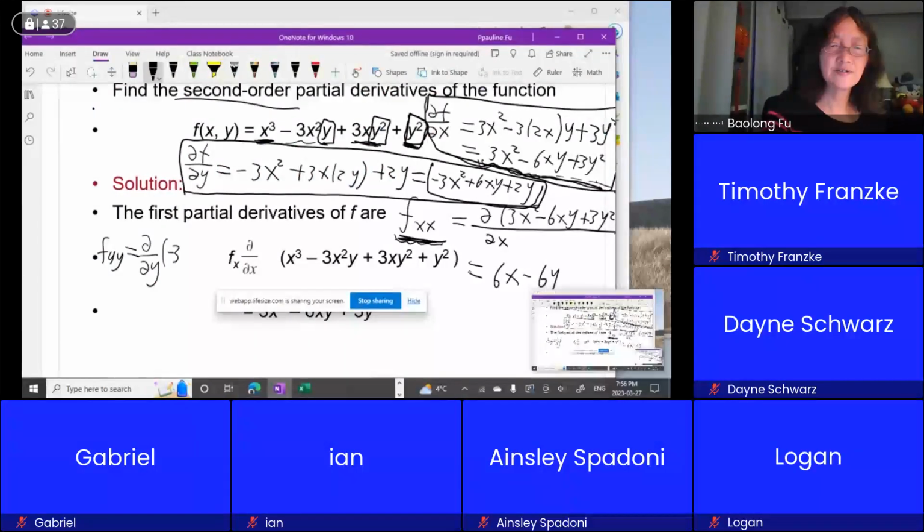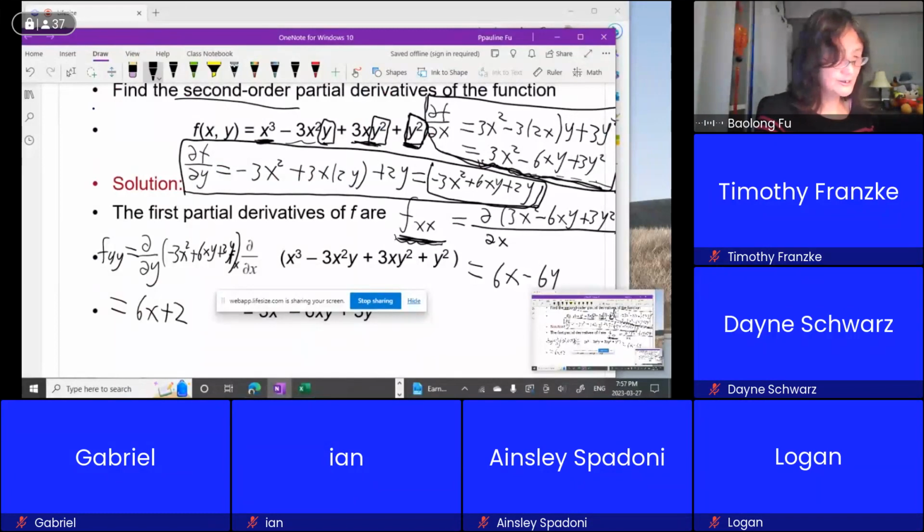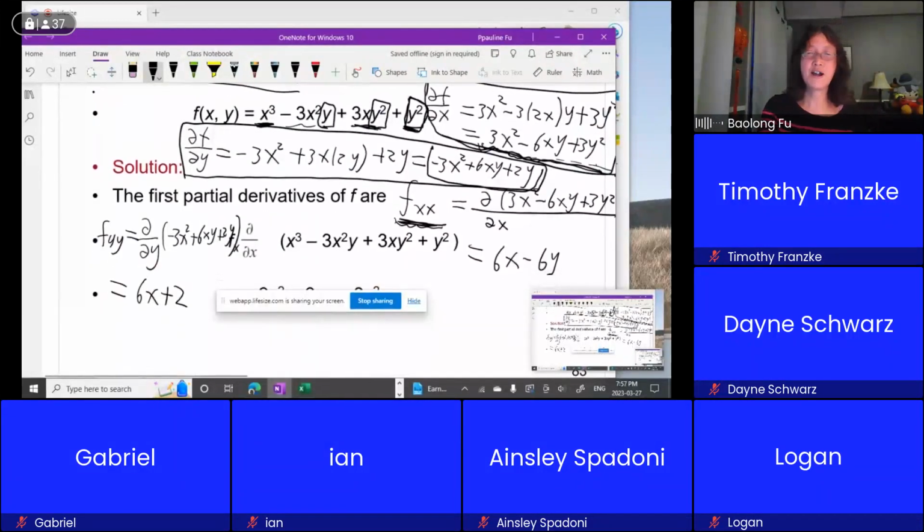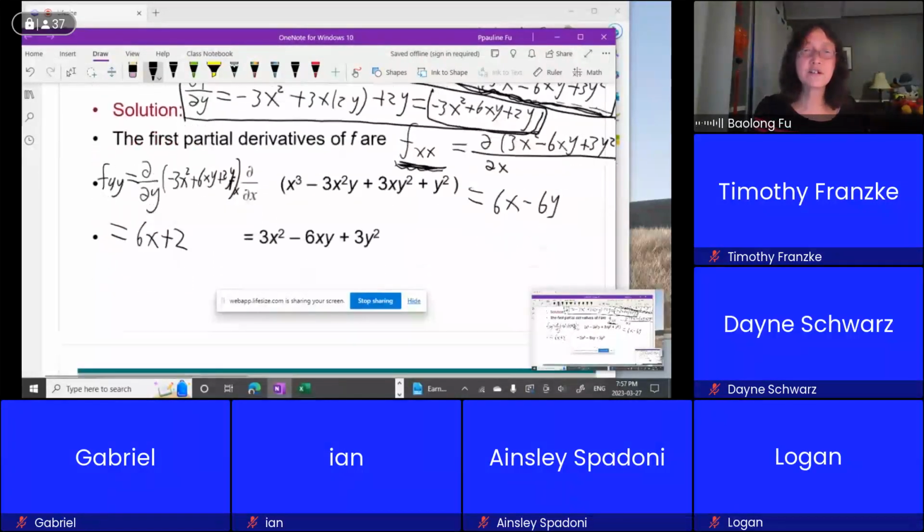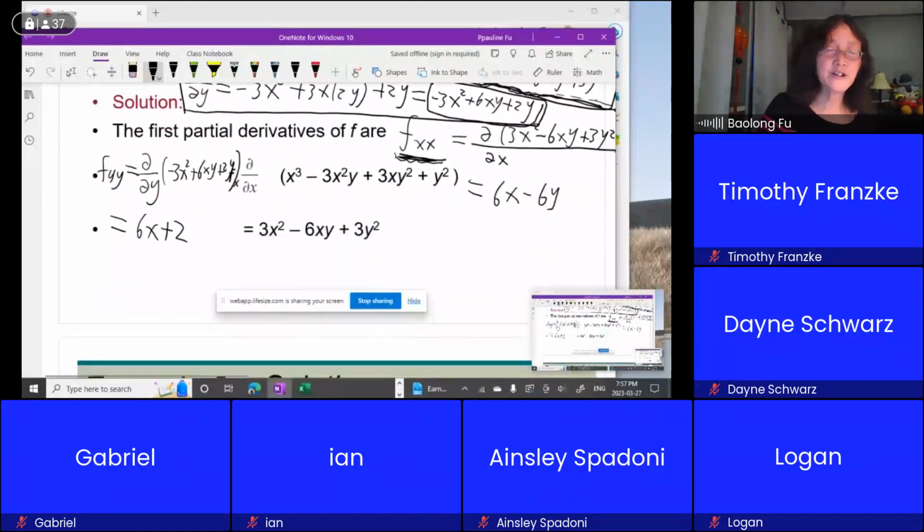So negative 3x squared plus 6xy plus 2y. Okay, so only take derivative for y. X is constant. So you got 6x plus 2. So this is fyy, second derivative.